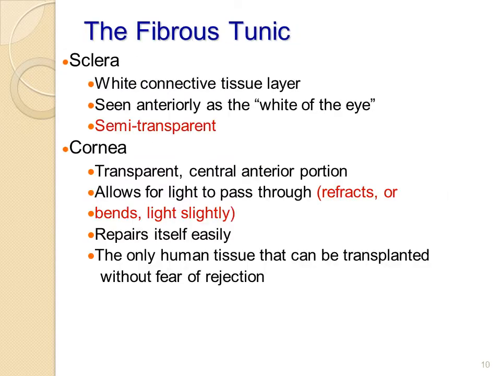Now, the fibrous tunic consists of the sclera and the cornea. The sclera is white connective tissue, seen anteriorly as the white of the eye, so it is semi-transparent, while the cornea is transparent, found in the central anterior portion.